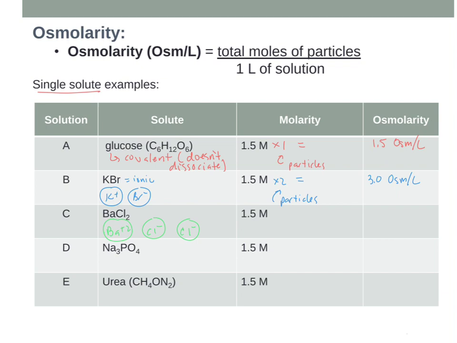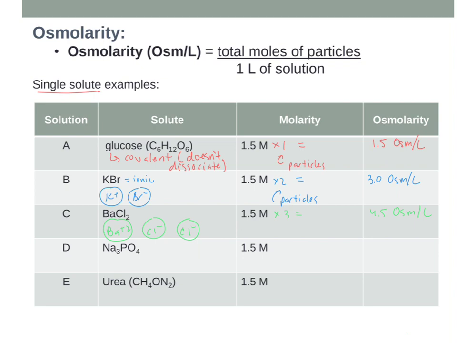I have 3 particles here, so guess what I have to multiply this by? 3. So I just go 3 times 1.5, so now this is 4.5 osmoles per liter. And you just do that every time. If you have a single compound dissolved in a solution, if it's ionic, you need to multiply that total molarity by the number of particles that it breaks into.